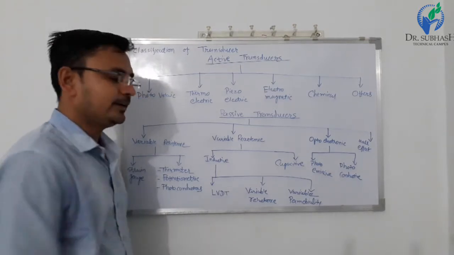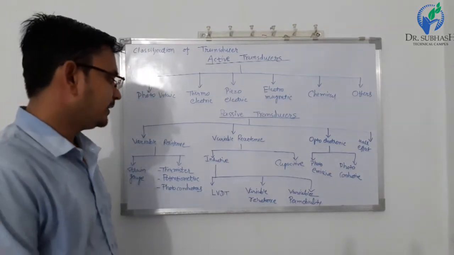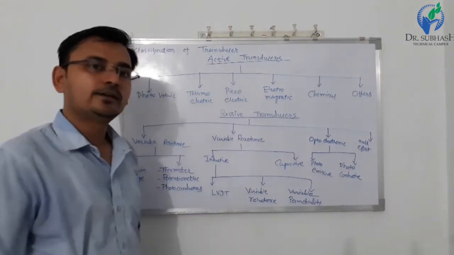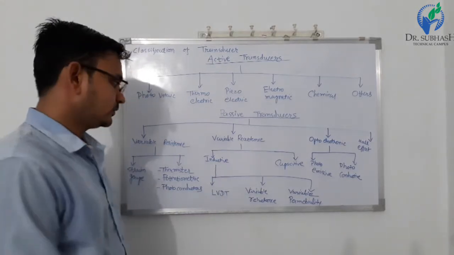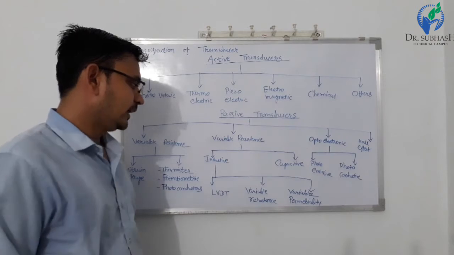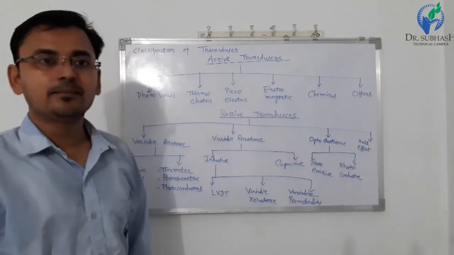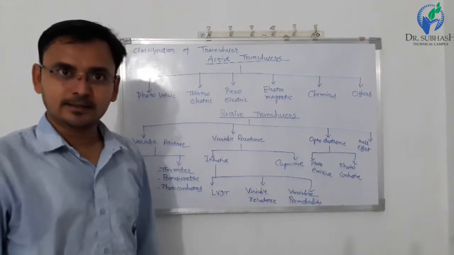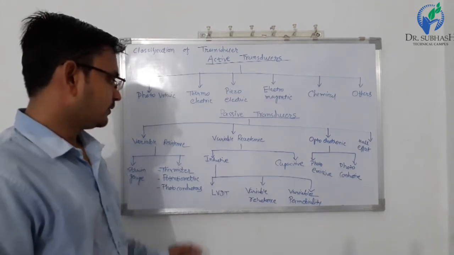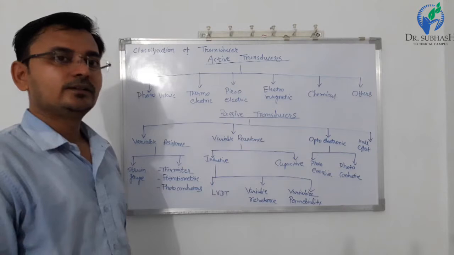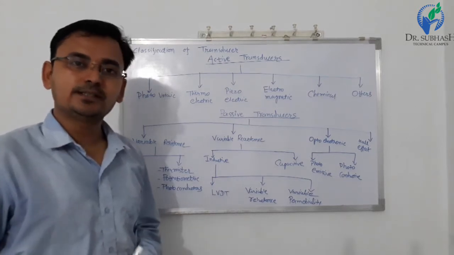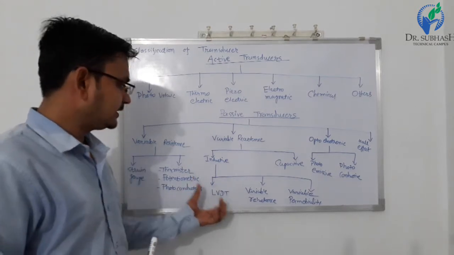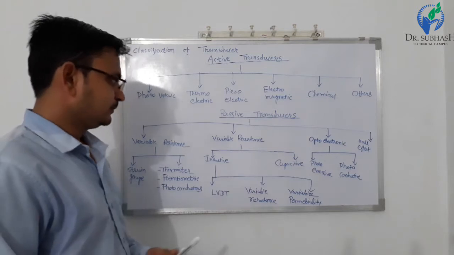First one is LVDT. LVDT means linear variable differential transformer. LVDT is an example of a variable reactance type transducer, and it is an inductive type transducer. For the operation of LVDT, an external power source is required.